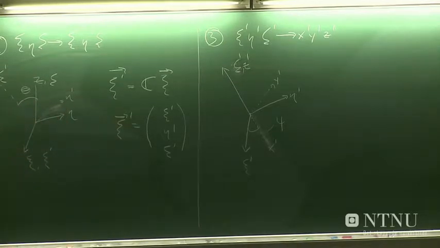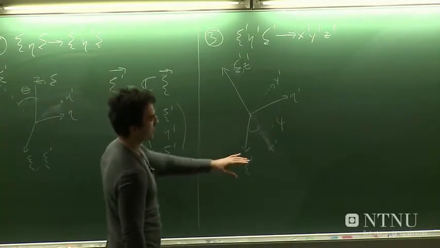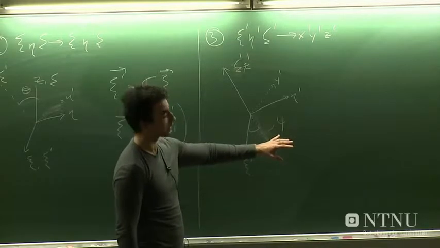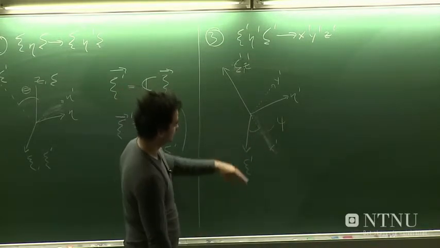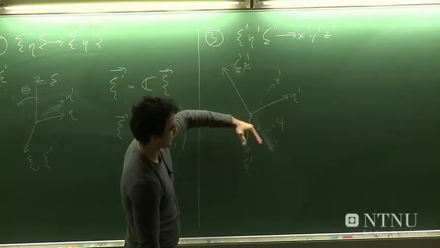Something like this. So what we're doing here is that we're now performing a rotation with an angle psi around this zeta prime axis. So we're changing the coordinate system like this.